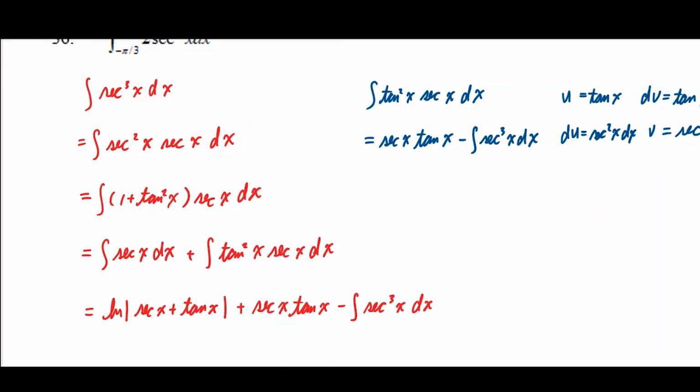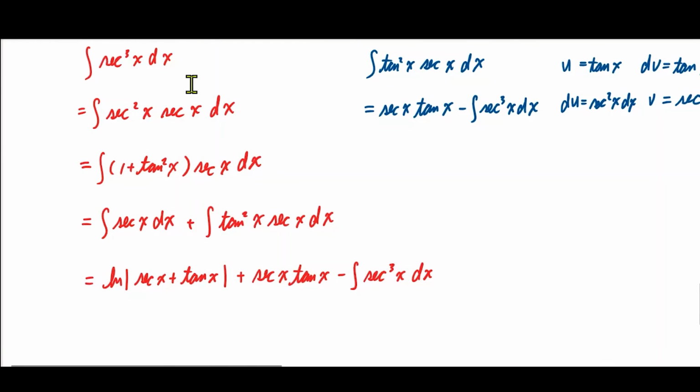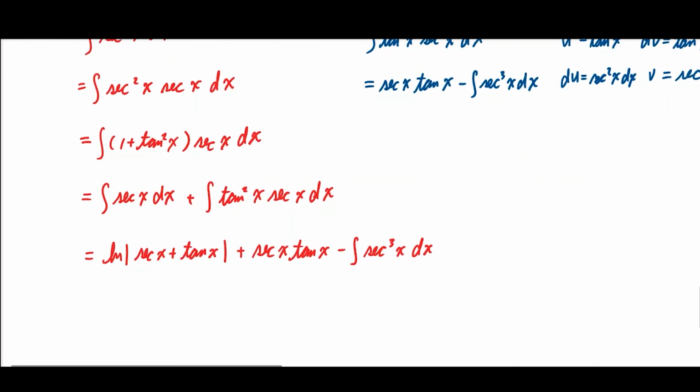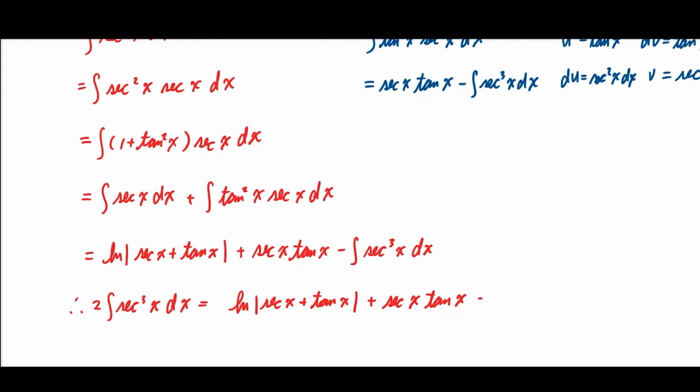Now, guess what happens? I'm going to add this thingy to that side. You get it? So, therefore, the integral of 2 secant cubed x dx is equal to ln, because I'm going to put 1/2 later, secant x plus tangent x plus secant x tangent x plus c.